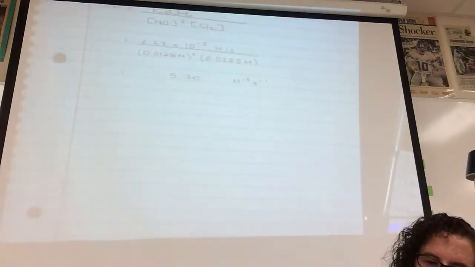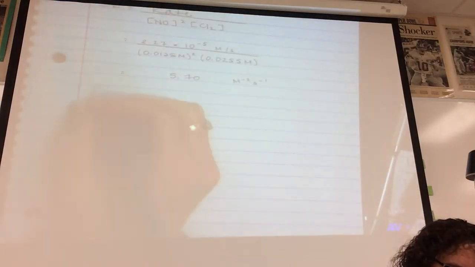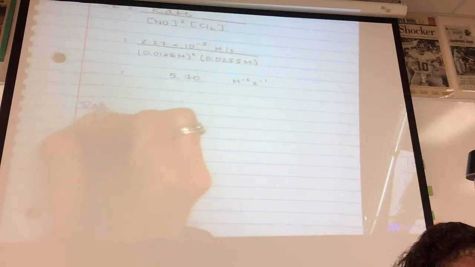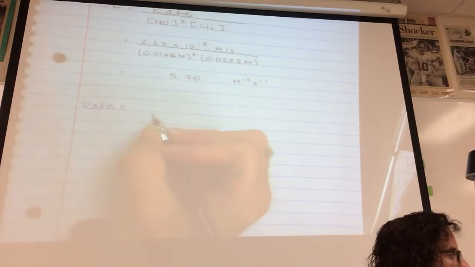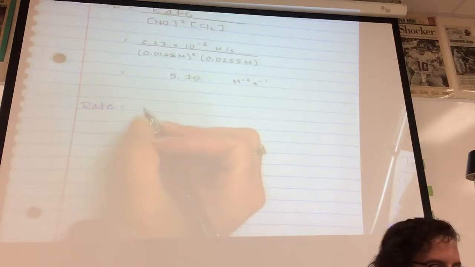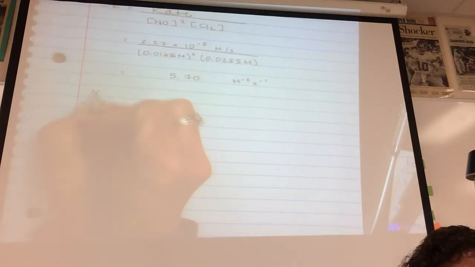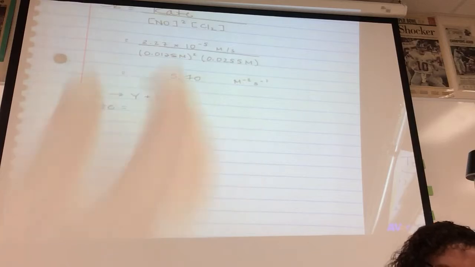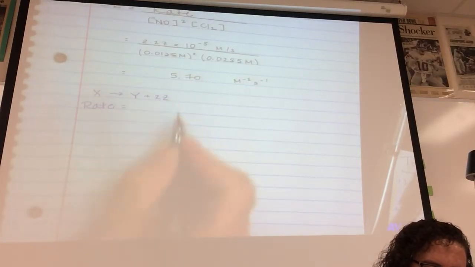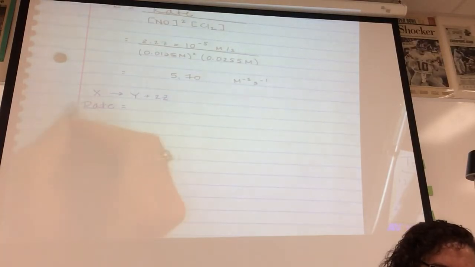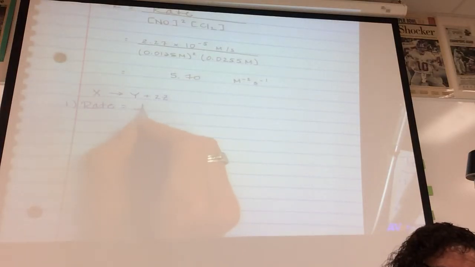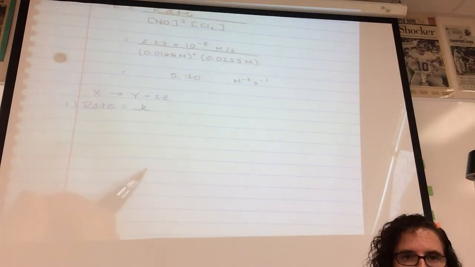So if you have any generic rate equation, let's say your equation is x yields y plus 2z, just for simplicity. If you have zero order, as it states in number 1, the rate is just equal to k. So concentration's not in the rate law.